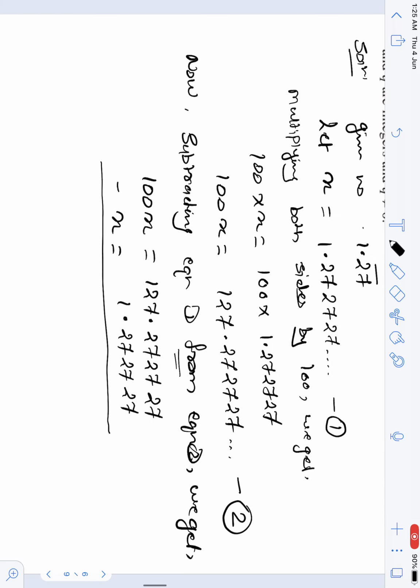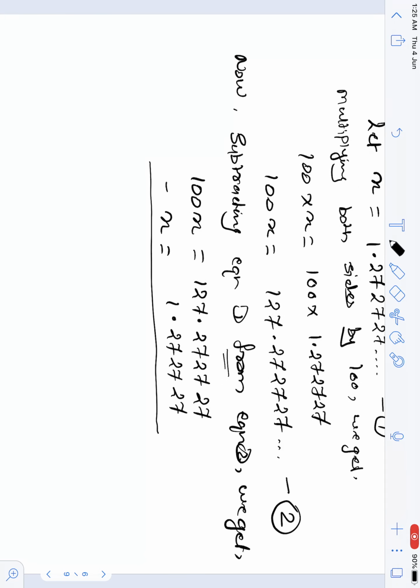Now further, 100x minus x, you will get 99x equals. Now 127 minus 1.272727: first you subtract to the right of the decimal, where the same numbers are present, so you will get decimal and here 0.